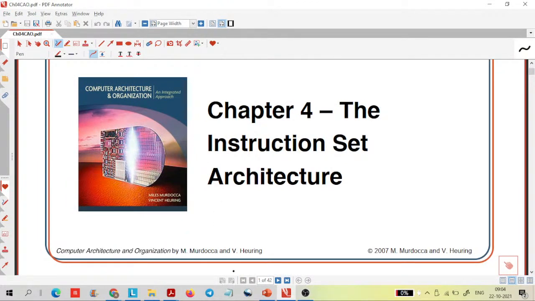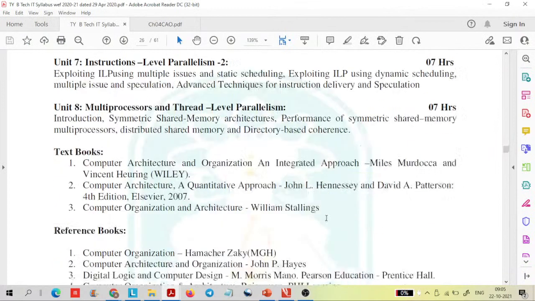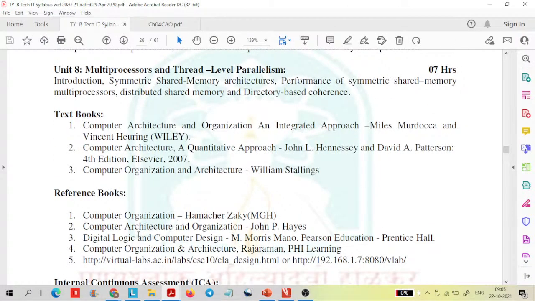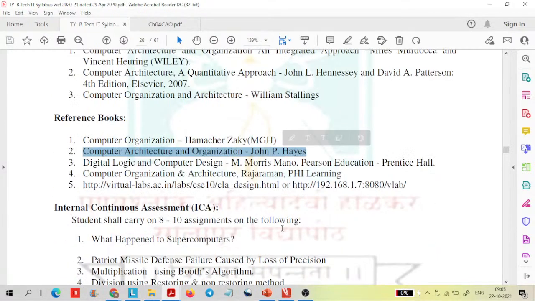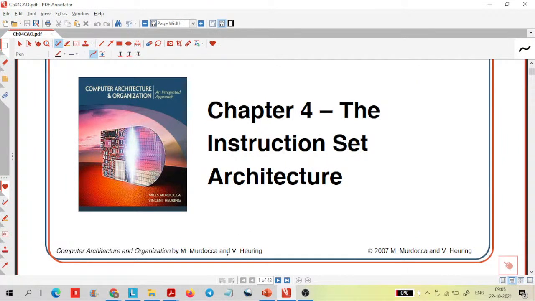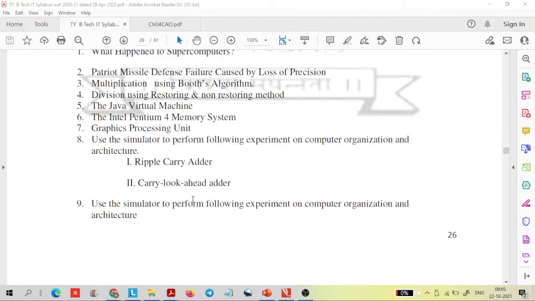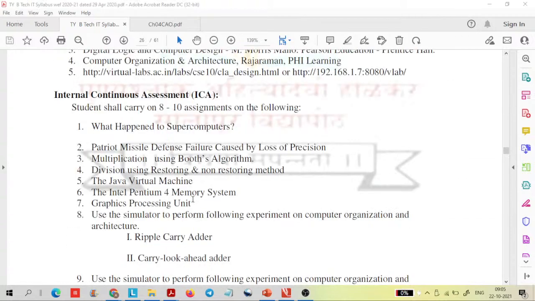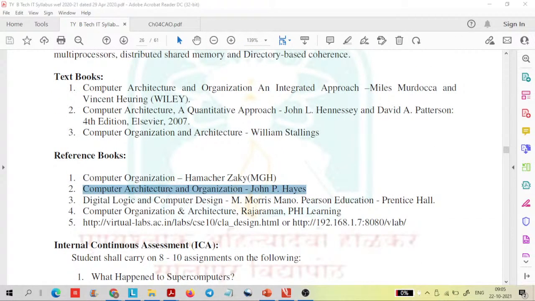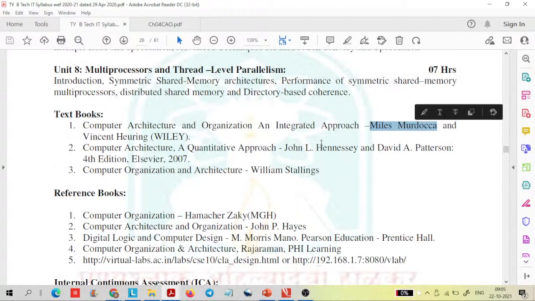For this you are required to refer to this particular textbook, Computer Organization by Miles Murdocca and Vincent Heuring.